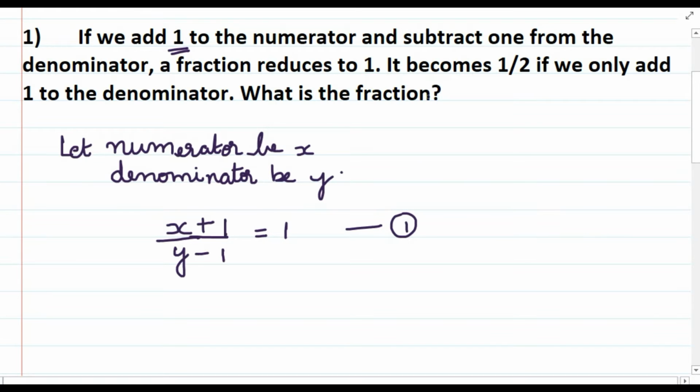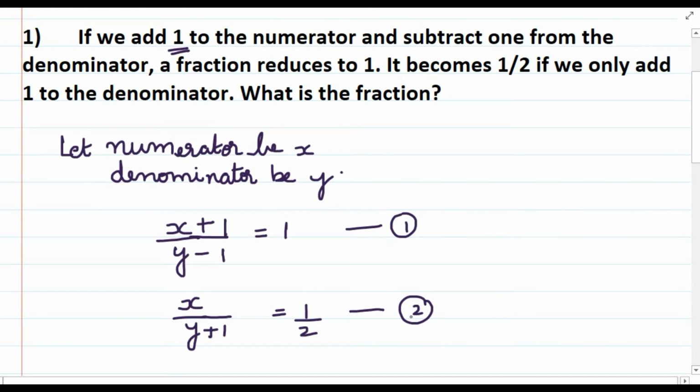Now it becomes half if we only add 1 to the denominator, and the numerator we leave as such. So our fraction will become half. This is the second equation.